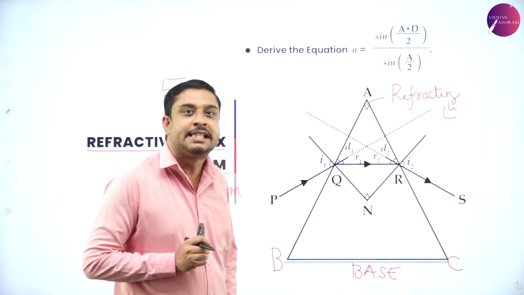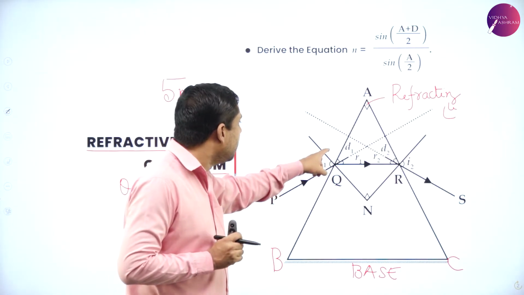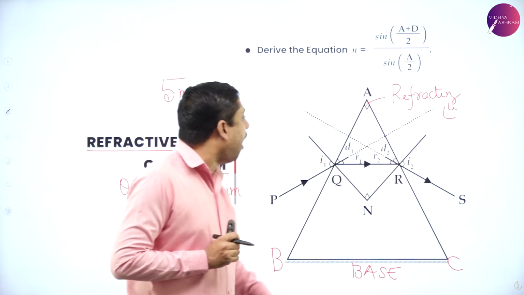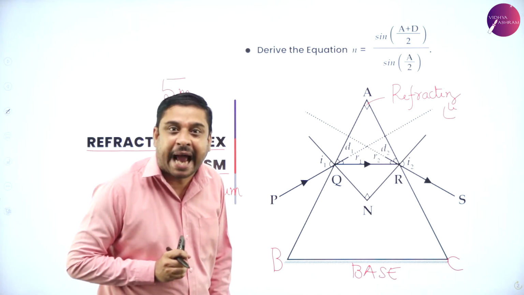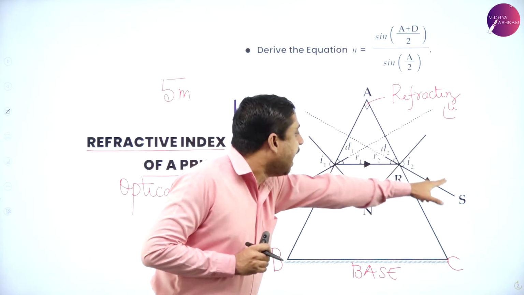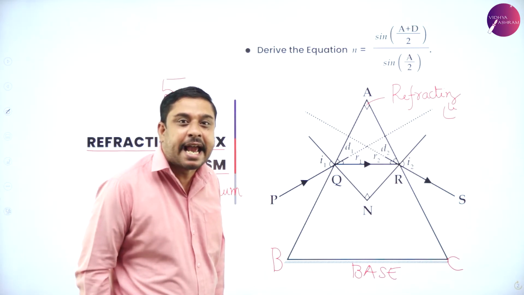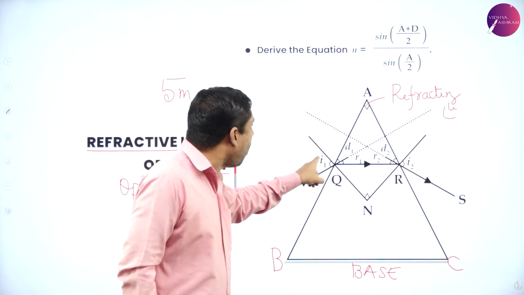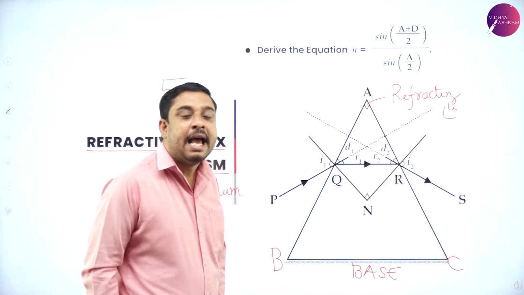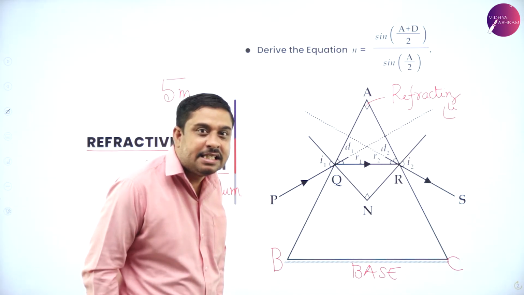PQ is the incident ray. QR is the refracted ray. And RS is the emergent ray. What is I1? Angle of incidence.